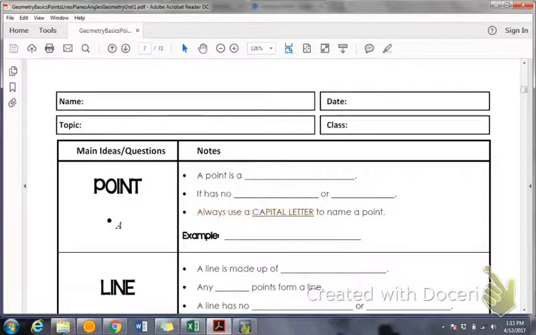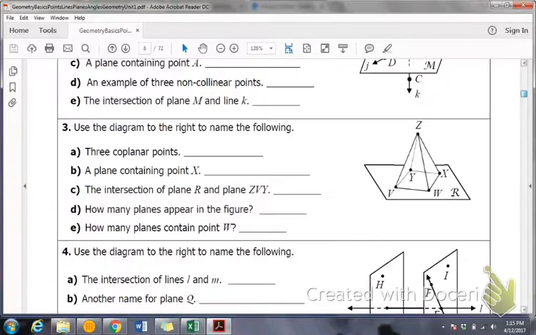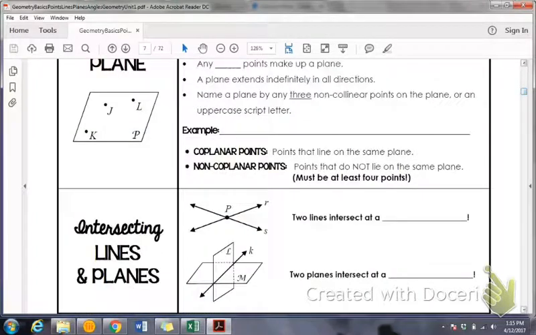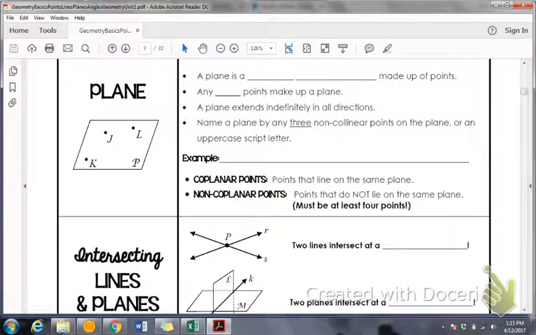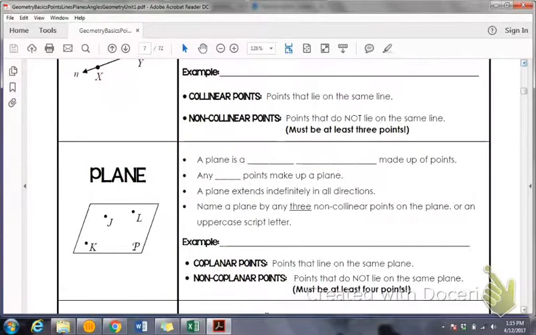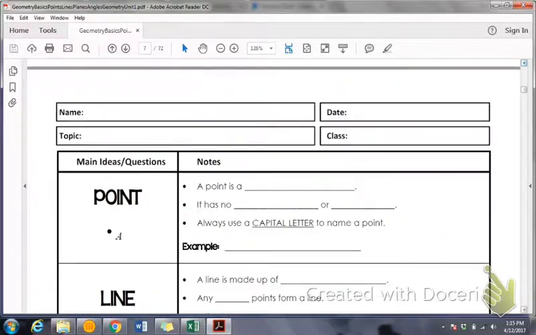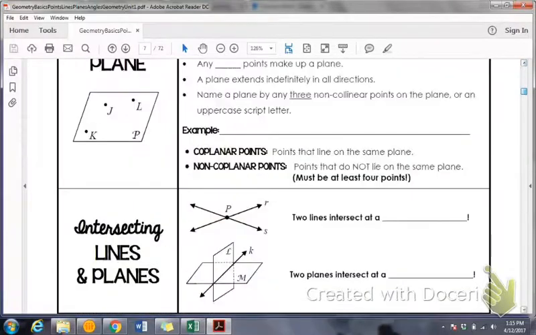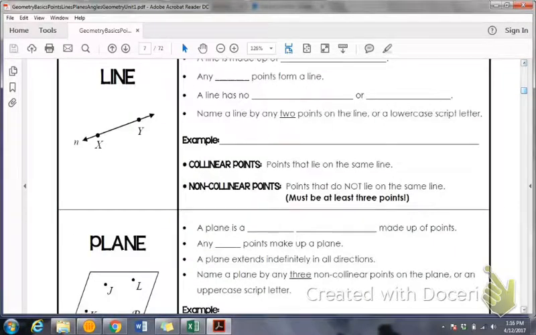All right, the next thing is a line. A line is made up of points. Any 2 points form a line.